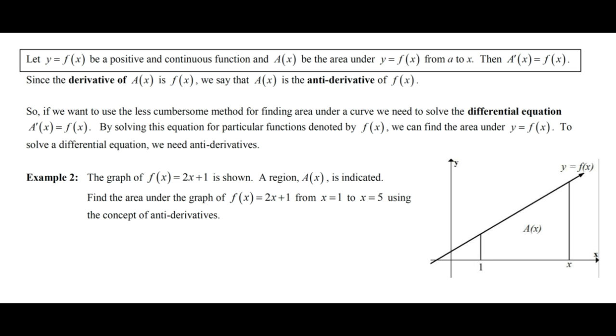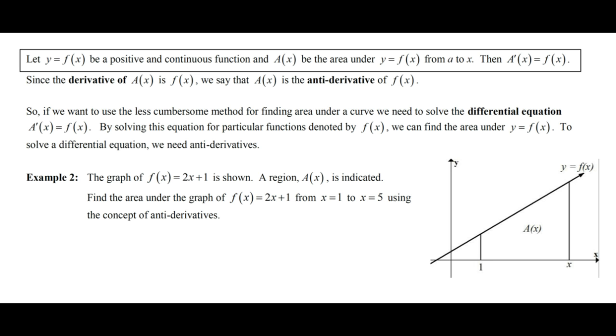So if y equals f of x is a positive continuous function and A of x is the area under y equals f of x from a to x, then A prime of x is equal to f of x, right? The derivative of the area function is the function that generated the curve. So since the derivative of A of x is f of x, we say that A of x is the antiderivative of f of x.